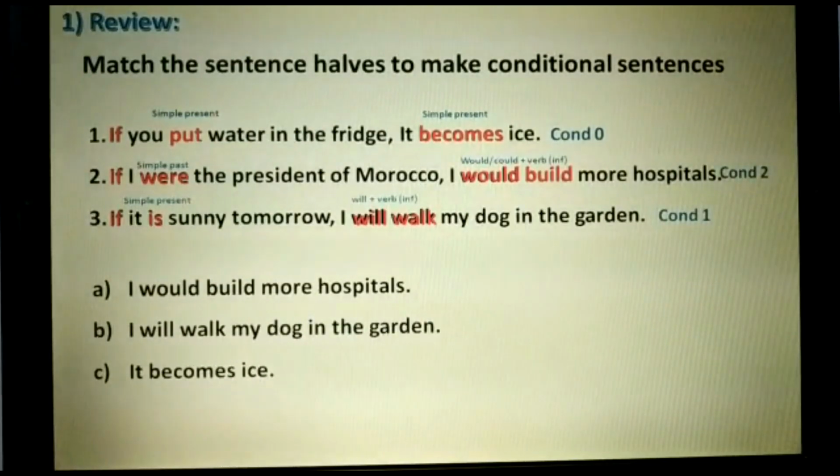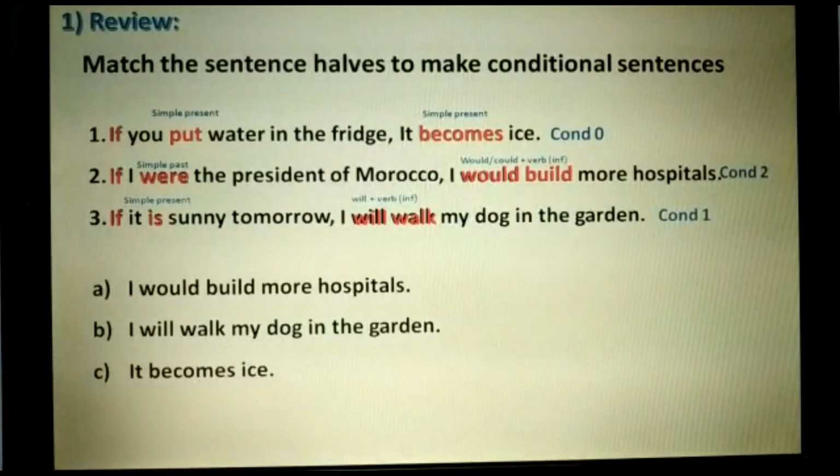So when do we use conditional type 2? We use conditional type 2 to describe or talk about impossible things that are unlikely to happen now or in the future. For example, I am a teacher, I'm a human being. So if I were a bird, I would fly.